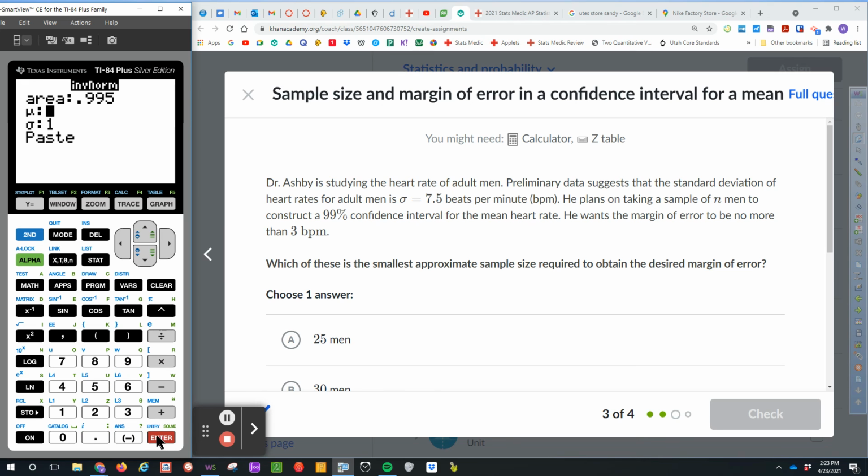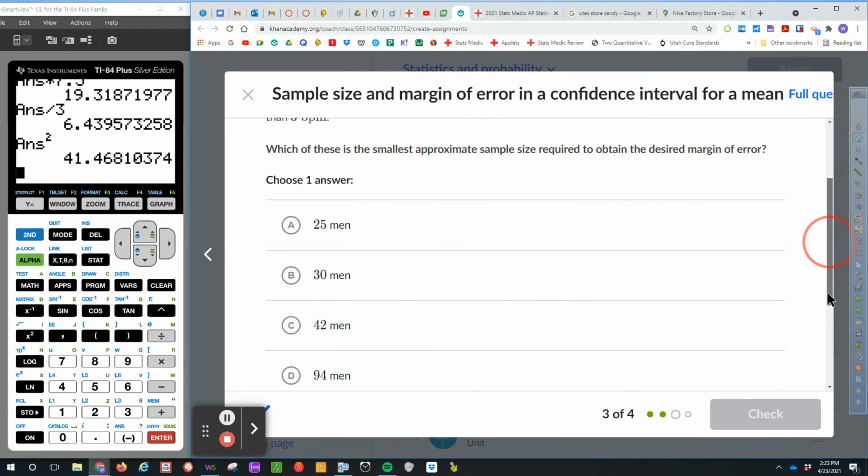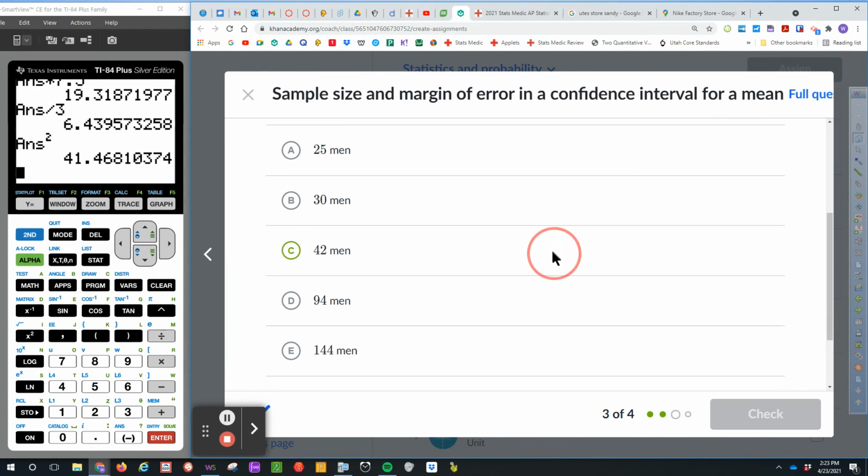Z star is 2.5758, and so on. Multiply by the standard deviation of 7.5, divide by the margin of error, which is 3, and then square it. It's 41.46. Round up to the nearest whole number, which is 42.